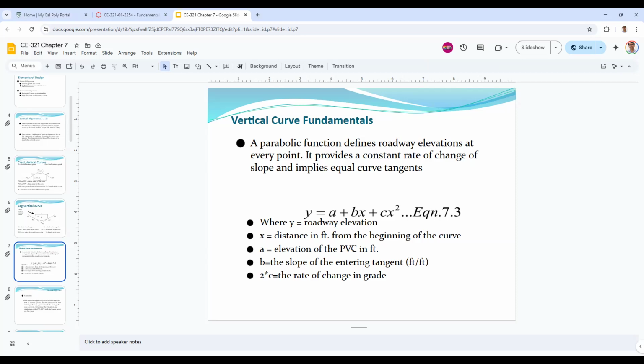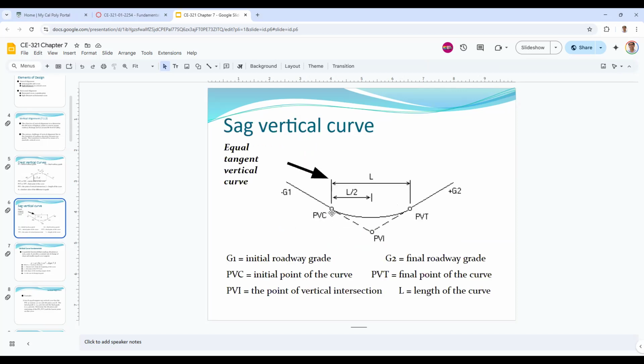So now let's look at any of these parabolic curves here. X equal to 0 we know represents PVC, right? So we know x equal to 0 is this point right here. So this is your x equal to 0 point. What is the slope at that point? What is the slope when your curve is just beginning?